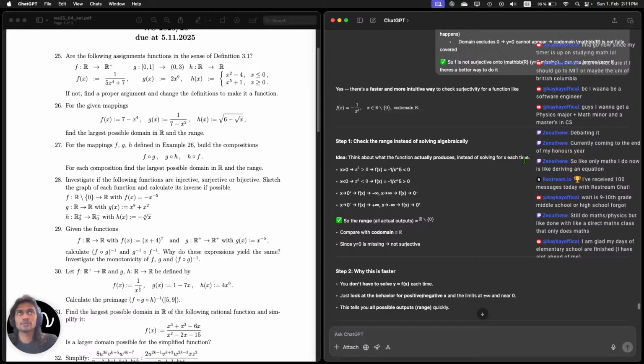I'm still having some hard time. Think about what function actually produces. If x is greater than 0, then the function is going to be negative.